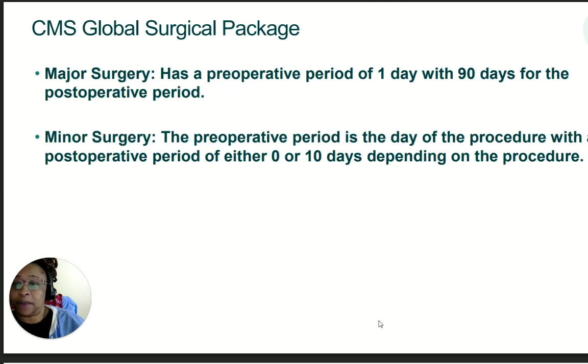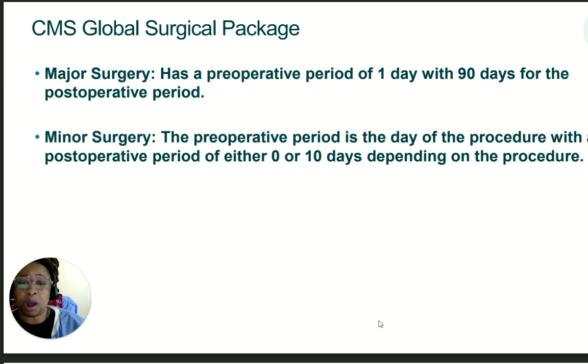Major surgeries have a postoperative period of day 1 with 90 days for the postoperative period. For minor procedures, the postoperative period is the day of the procedure with a postoperative period of either 0 or 10 days depending on the procedure. Now keep in mind, anytime there's a major surgery, you're going to have this postoperative period of 90 days, meaning that anything relating to your particular surgery is already paid for by the insurance.